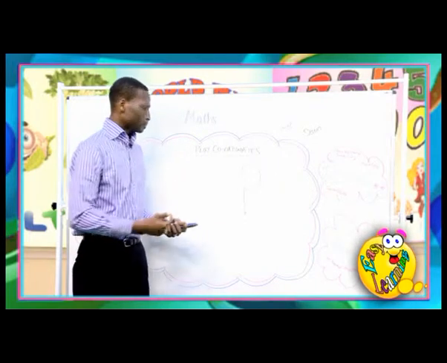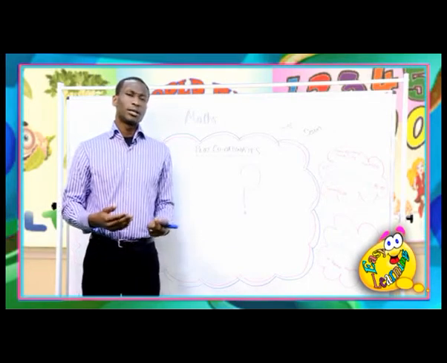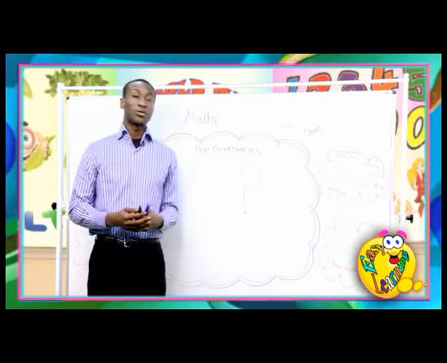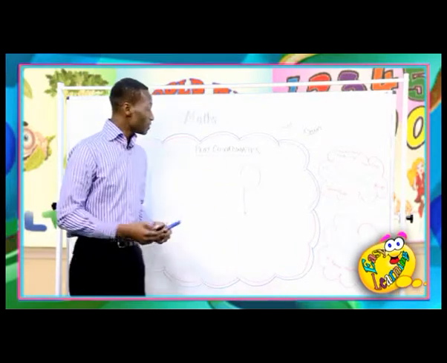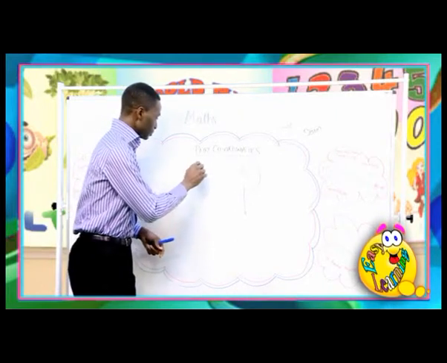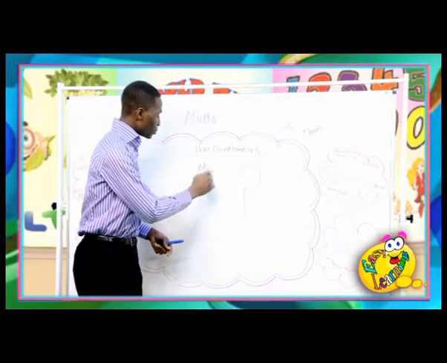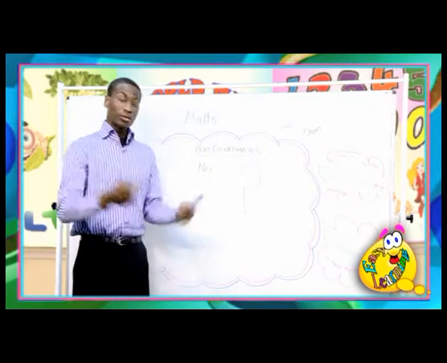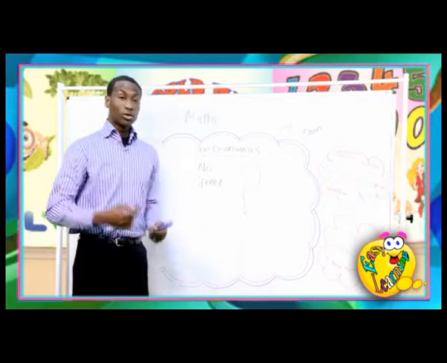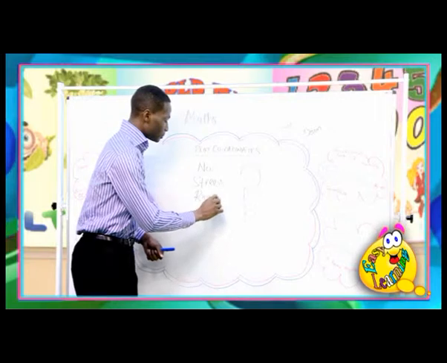We have a dot that we need to replace on this board, but the dot doesn't have an address. If I wanted to visit you, I would come to your house, I would get your address, wherever you're living. Your address would have a number, that's short form for number, that's a dot. Your address will have a street. Your address would have a region or a county. So let's just put that as a region. Right.